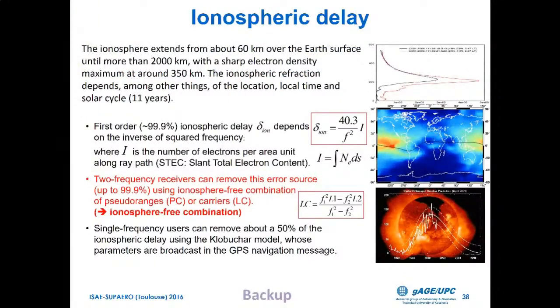This means that using signals at two different frequencies and using this combination of signals, L1 and L2, we can remove the ionospheric error at the level of 99.9%. In this way, we remove the more difficult component of the error to deal with.